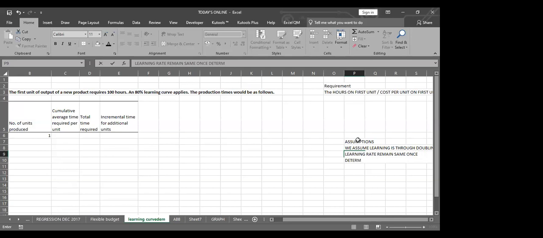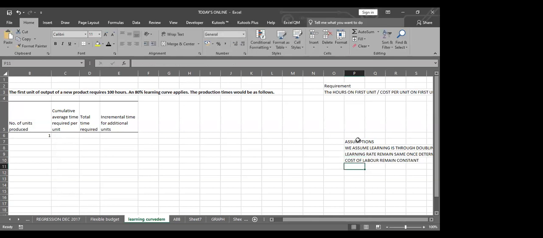What else? The cost per unit is not an issue here. It is all about how you are learning. Cost of labor remains the same. Once it is known, it remains constant. That is the idea.